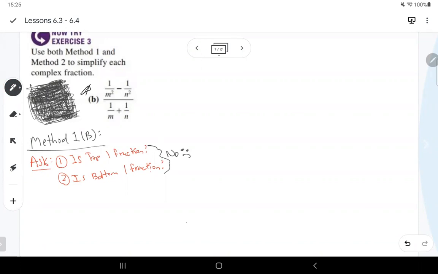So the first thing we have to do is get the individual top and bottom to be their own fraction. So for the top, we would pick an LCD of the only things available, m squared n squared.